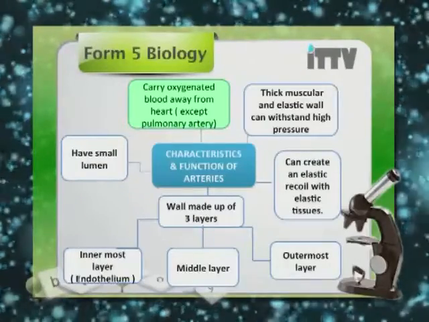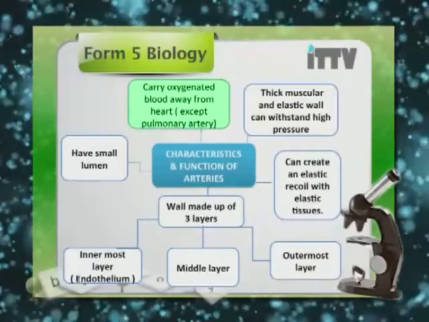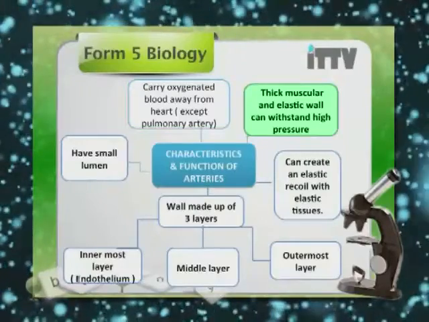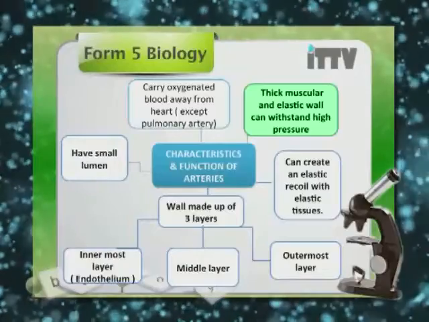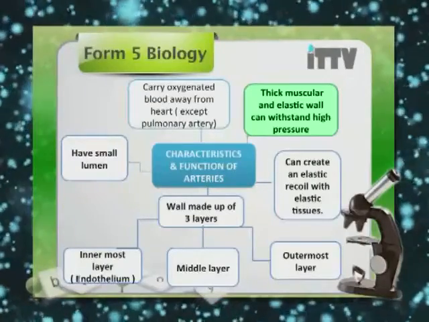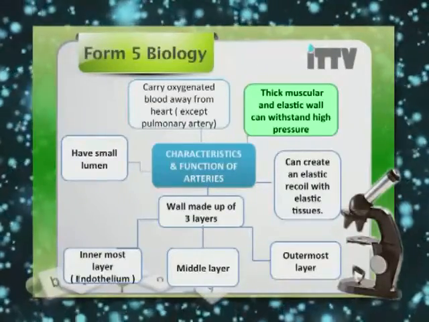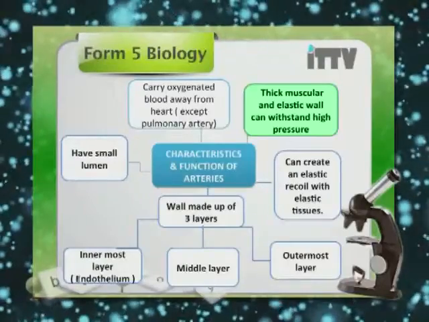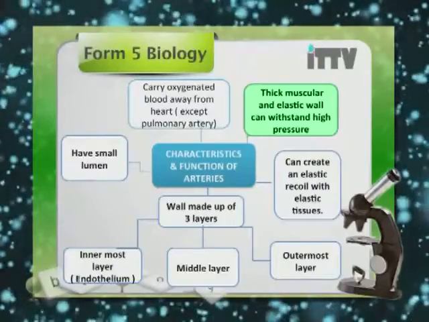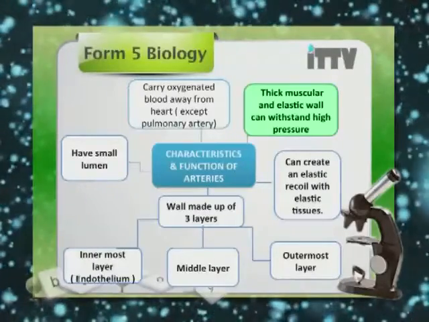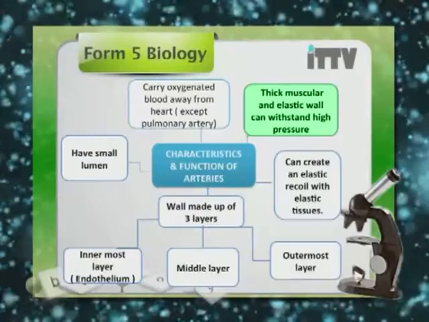It is the most contradictory of all the arteries. Now, the artery has a very thick muscular and elastic wall. Do you understand why the artery, which is embedded deeper into the tissues compared to the vein, must have a much thicker muscular and elastic wall?